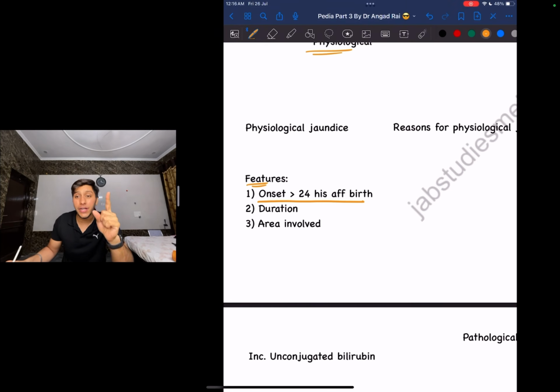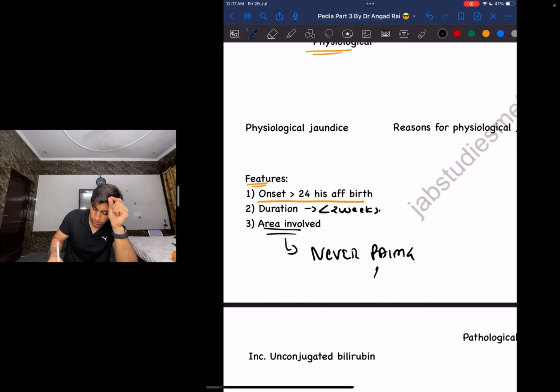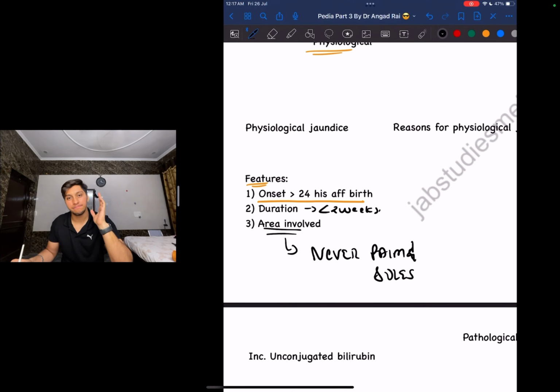Only after 1 day of birth, after 24 hours, the duration will be less than 2 weeks, and the area involved is never palms and soles. Never palms and soles. What I said: onset after 24 hours, duration less than 2 weeks, area is never palms and soles.